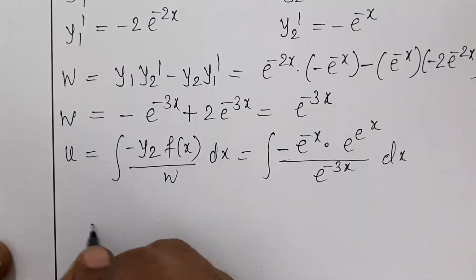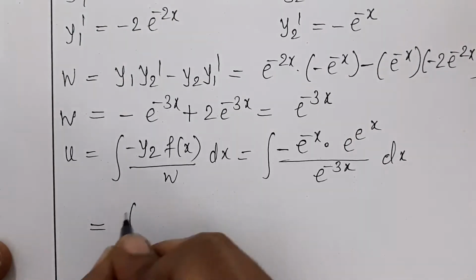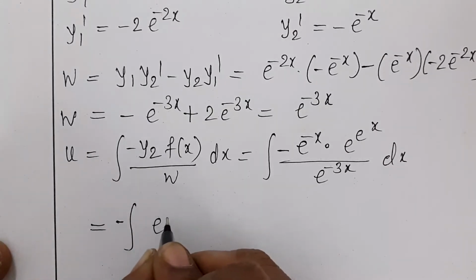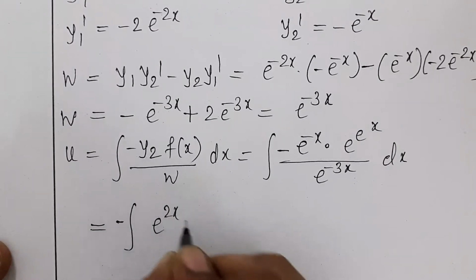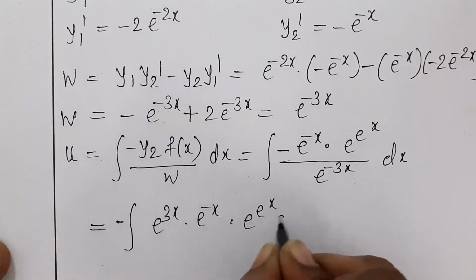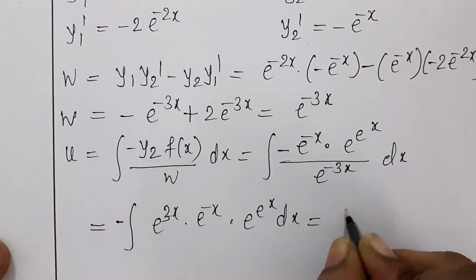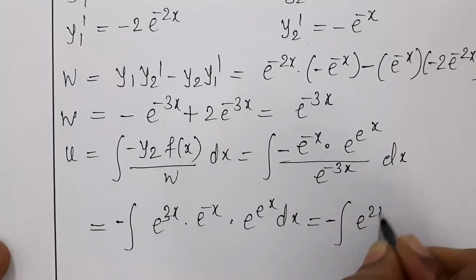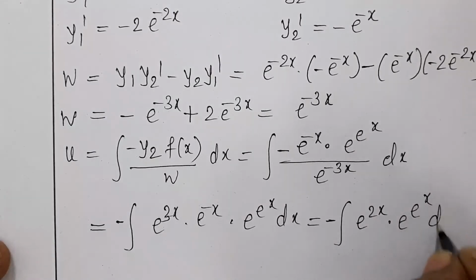So this is equal to integration of -e^(3x) e^(-x) e^x dx, which is integration of -e^(3x) e^(-x) is e^(2x) into e^x dx.